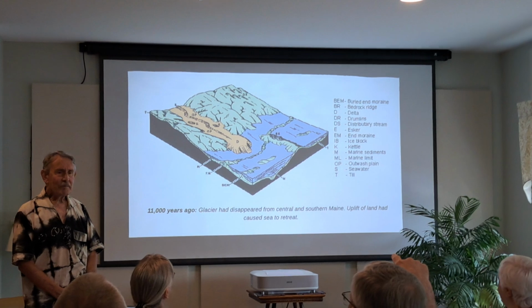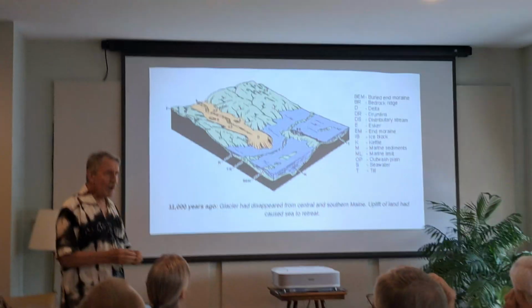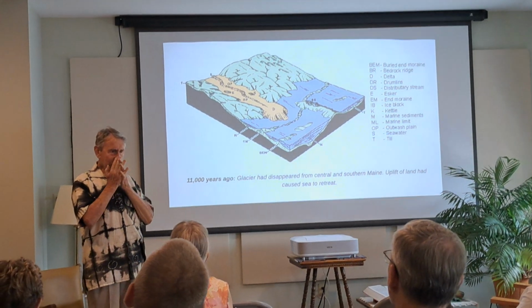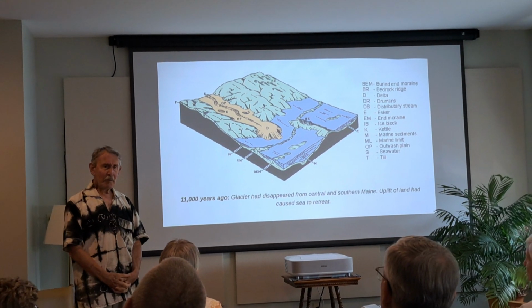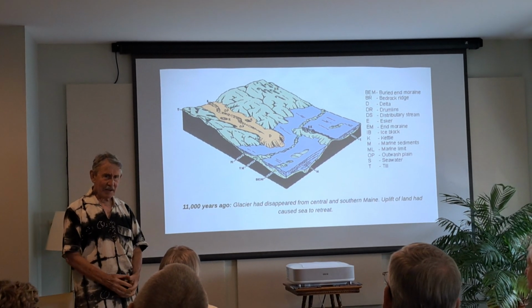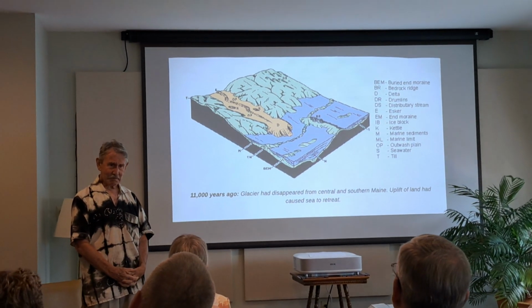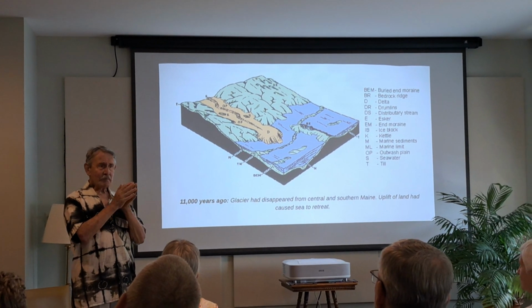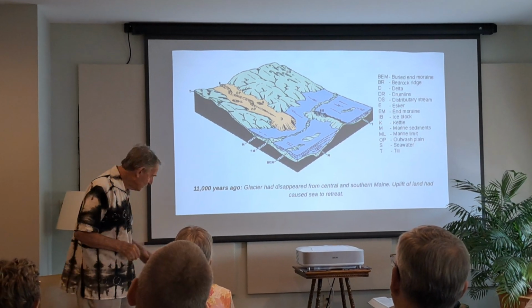What's a drumlin? A drumlin is an elongated landform formed by the ice, and it's built mostly of till, and it's oriented northwest, southeast for the most part.